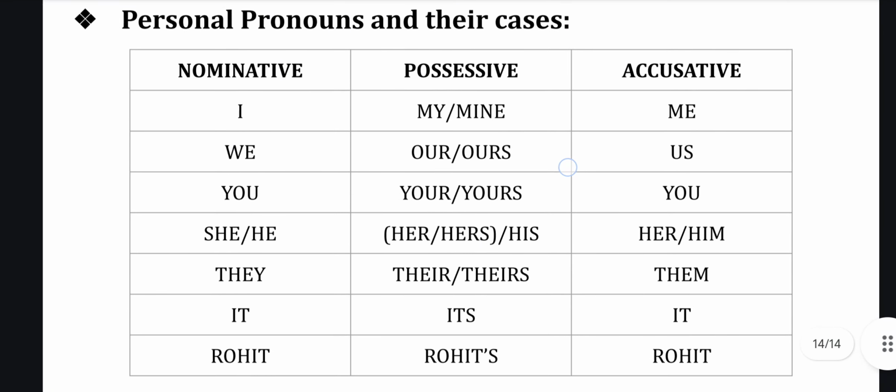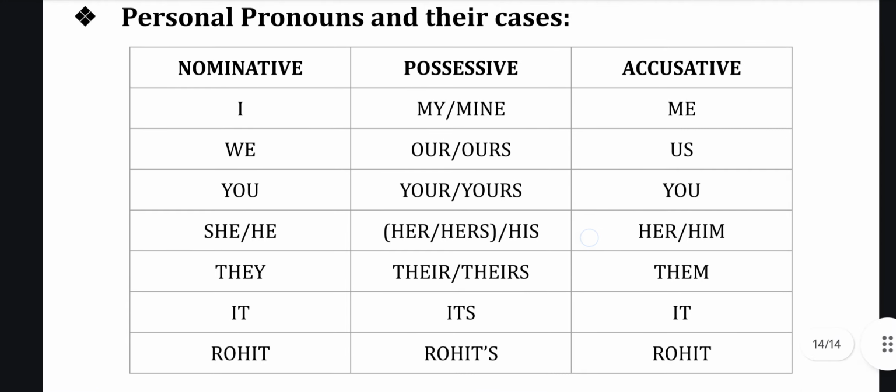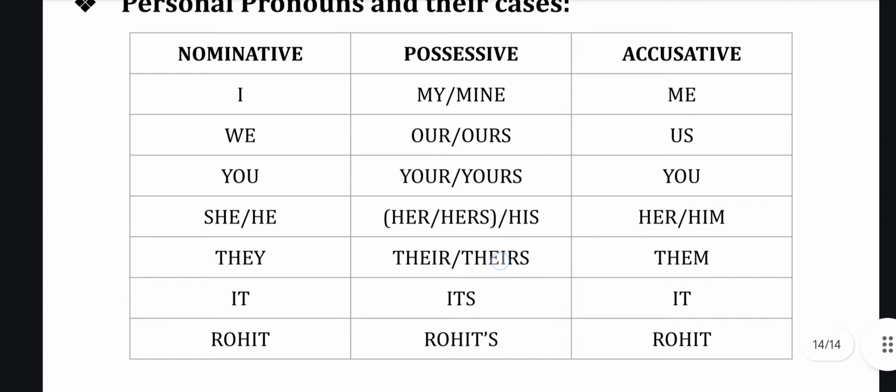And there is a chart. I made this chart because many of you may not know what is nominative and what is accusative and what is possessive. Possessive means when you are going to talk about someone else's property or your property or any person's property, you need to write these pronouns like my house, our car, your book, his bag, their car.